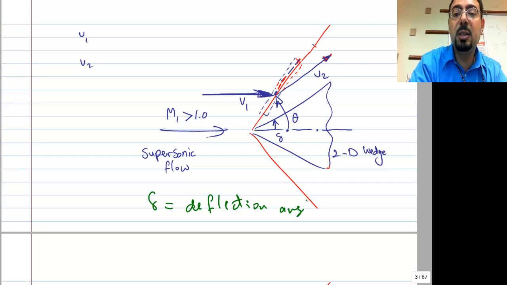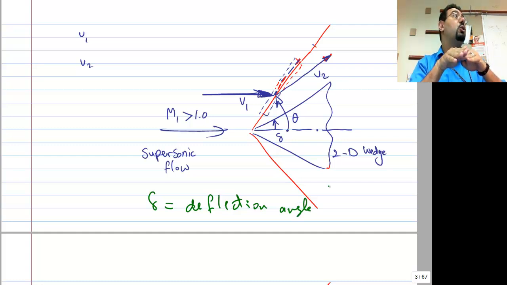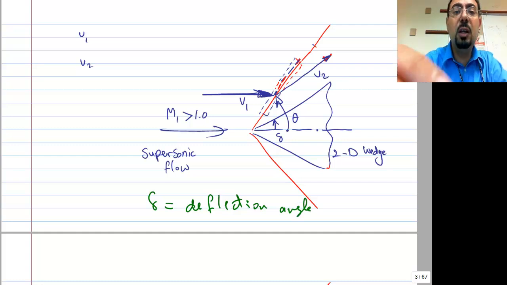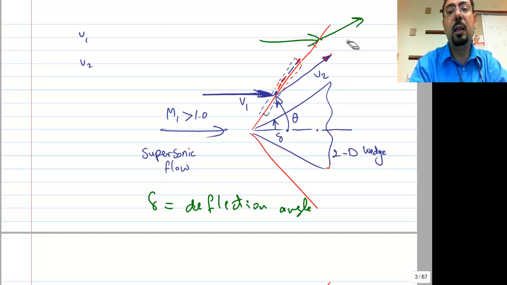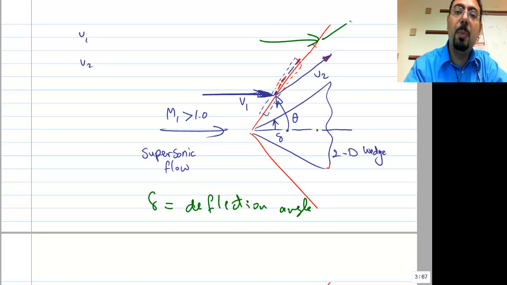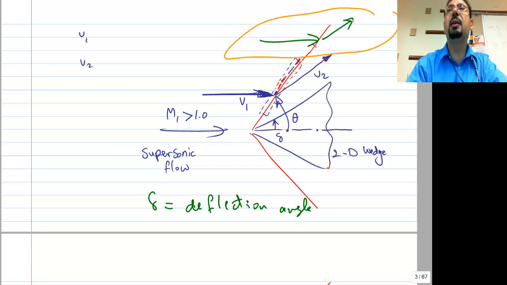Why am I saying this? Because sometimes we will see the supersonic flow just turning without actually seeing the wedge. Like this, if the picture is only the upper part of it. Let's imagine that only that part is in the problem.